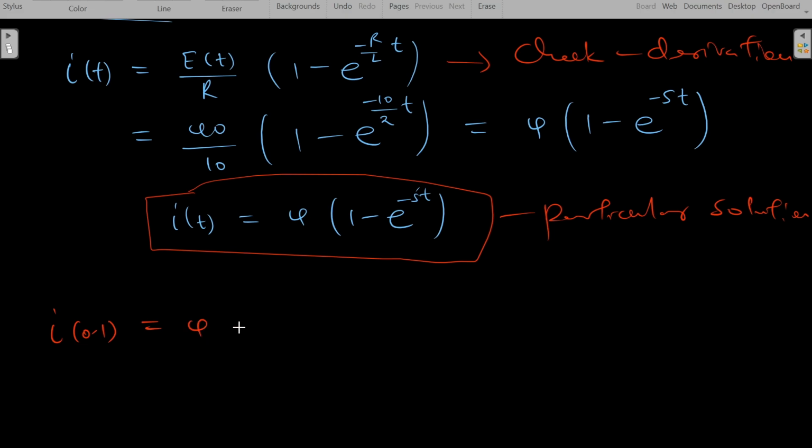So it should be 4 into 1 minus e raised to negative 5 multiplied by 0.1.